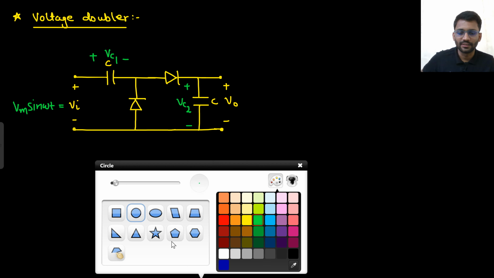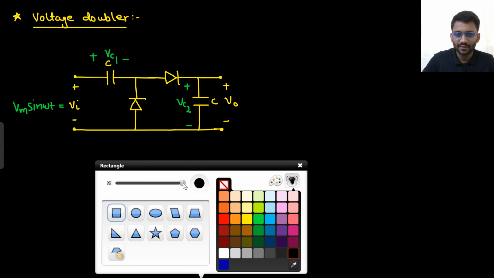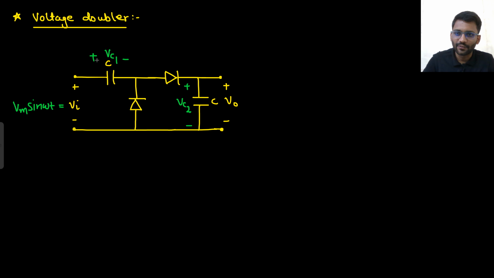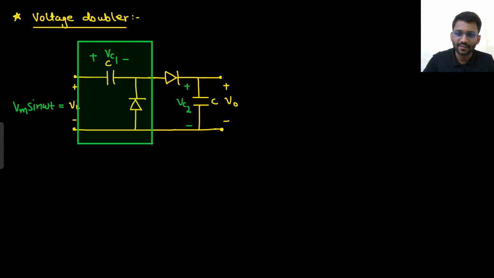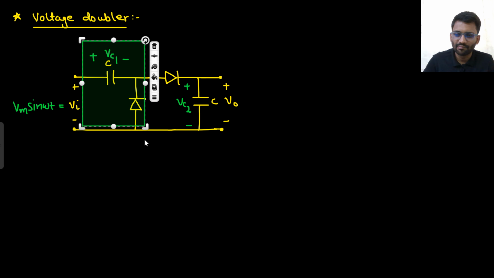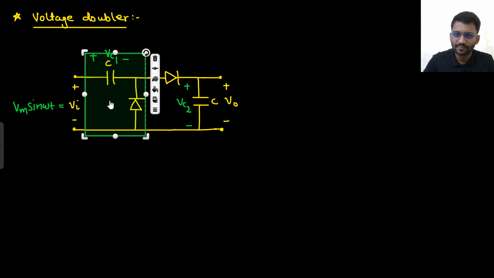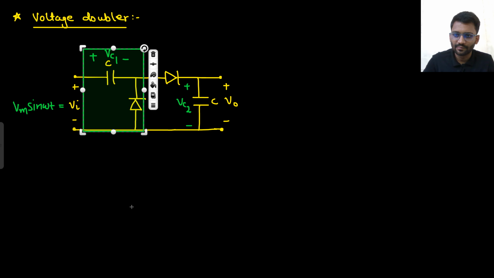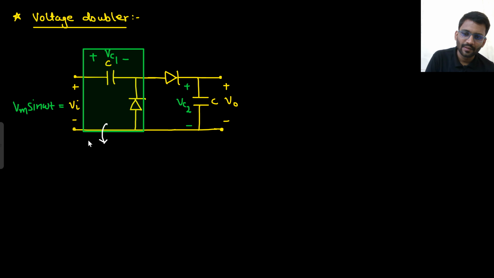Here you see, this is the circuit. So if you see the first one, this is the positive clamper circuit.